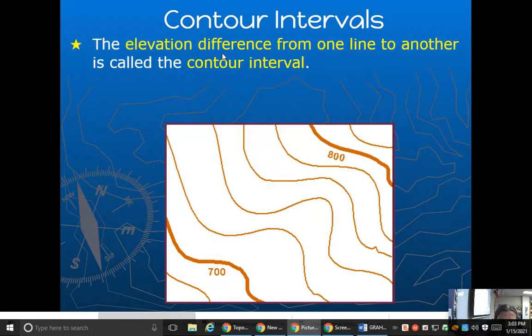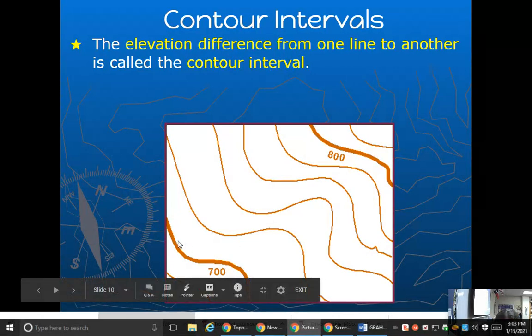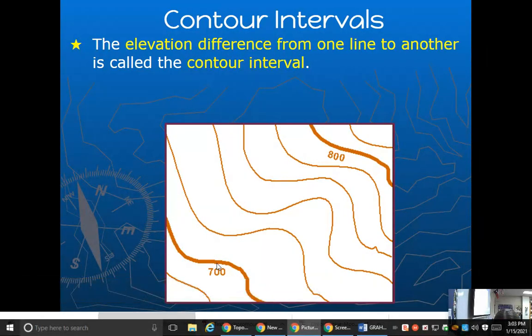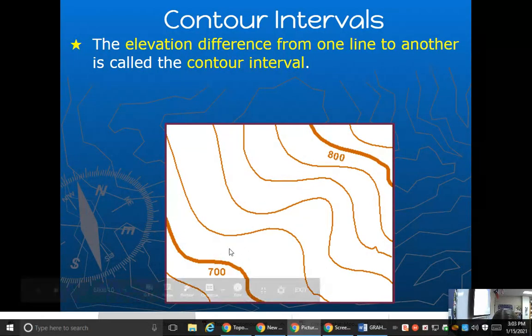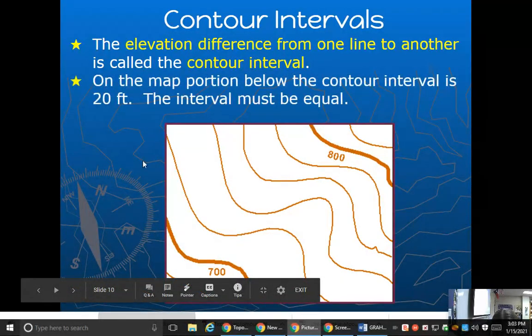Contour intervals. The elevation difference from one line to another is called a contour interval. So here we have a contour interval of 700, and then up here we have one of 800. So we would be going uphill, and the interval on the map portion below is 20 feet.